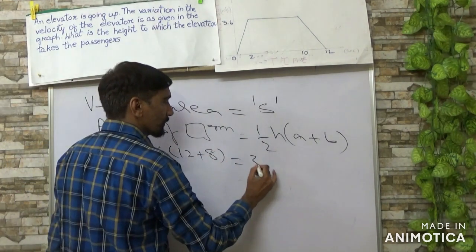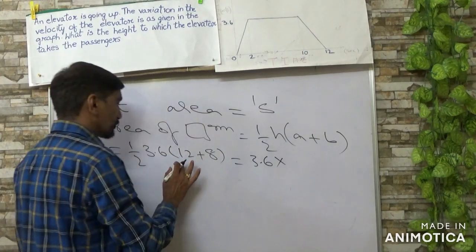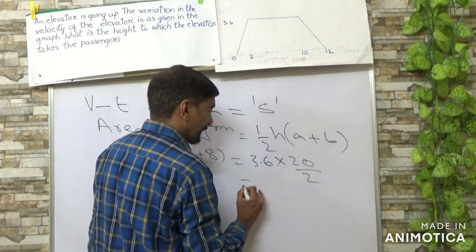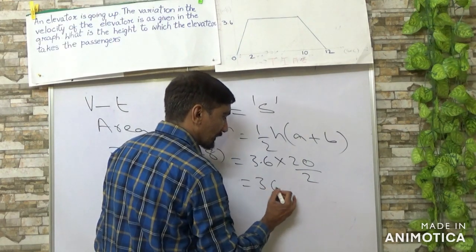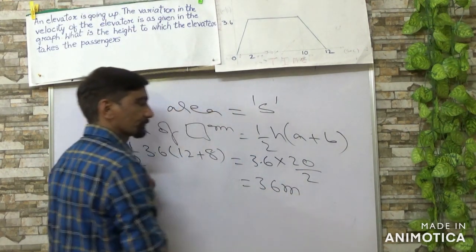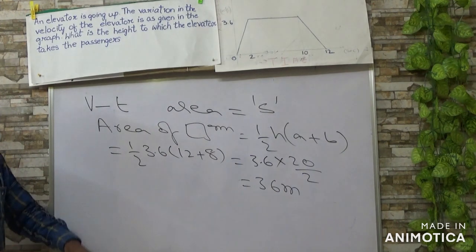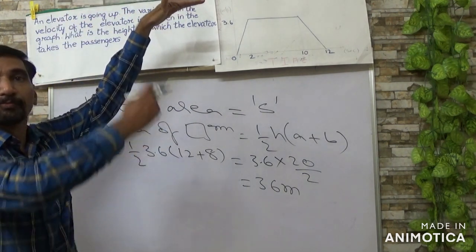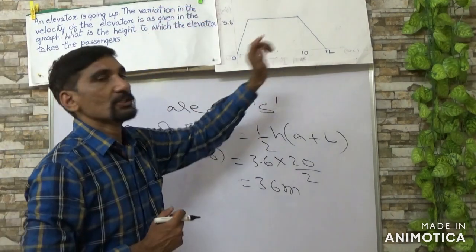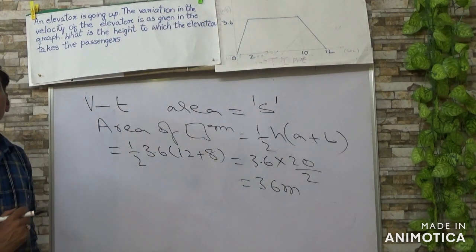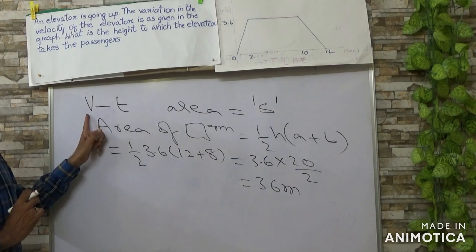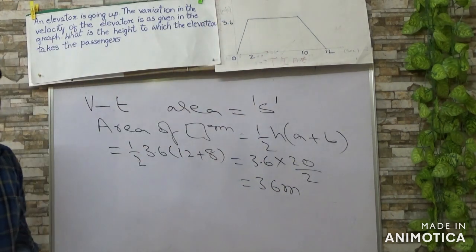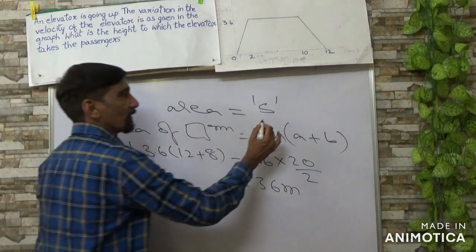So 3.6 into 20 divided by 2, so 36 meters. So the elevator is taken to 36 meters from the ground after 12 seconds. Remember, the area of a velocity versus time graph gives displacement.